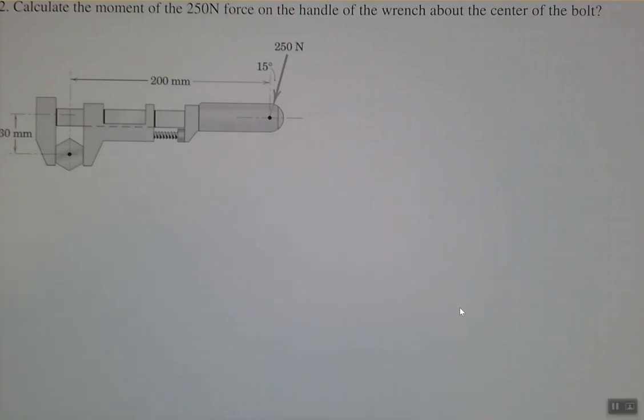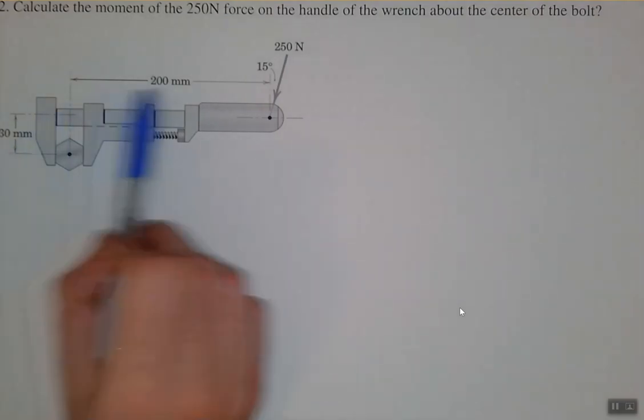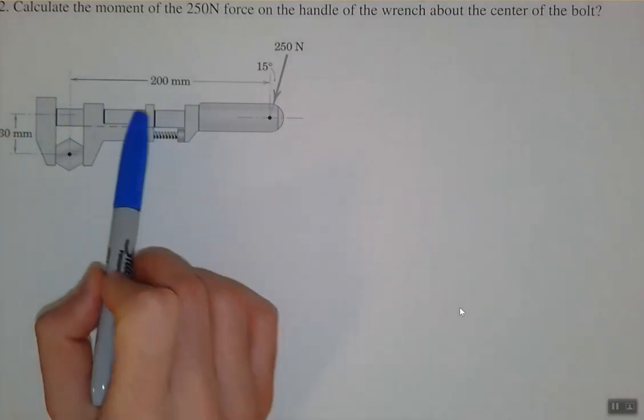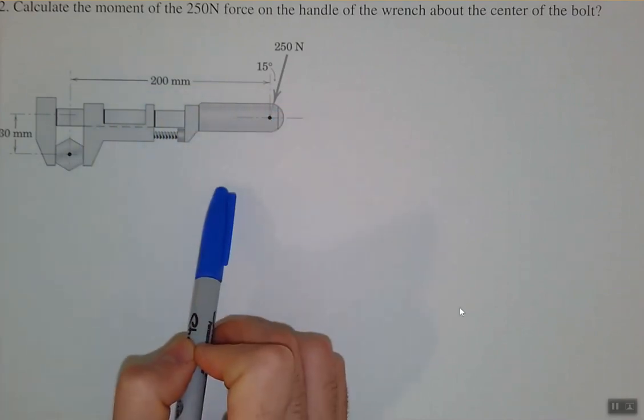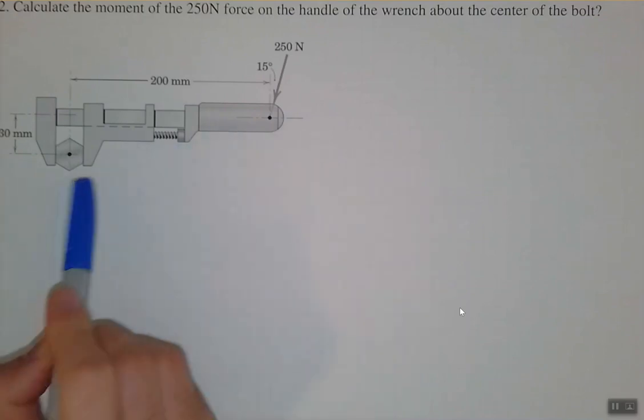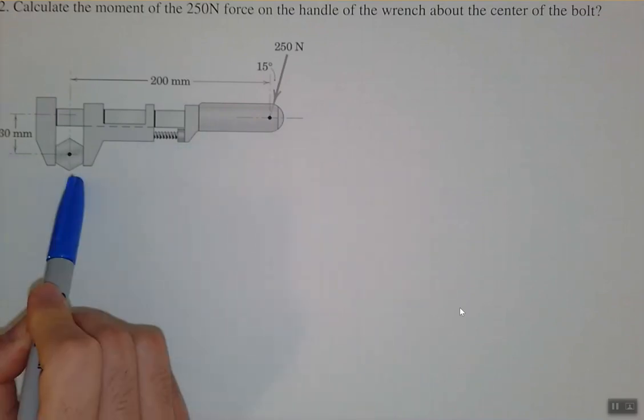All right, let's solve question number 2. In this question we have a small wrench, or maybe not that small, it's about 20 centimeters, and we are trying to probably fasten this bolt, right?